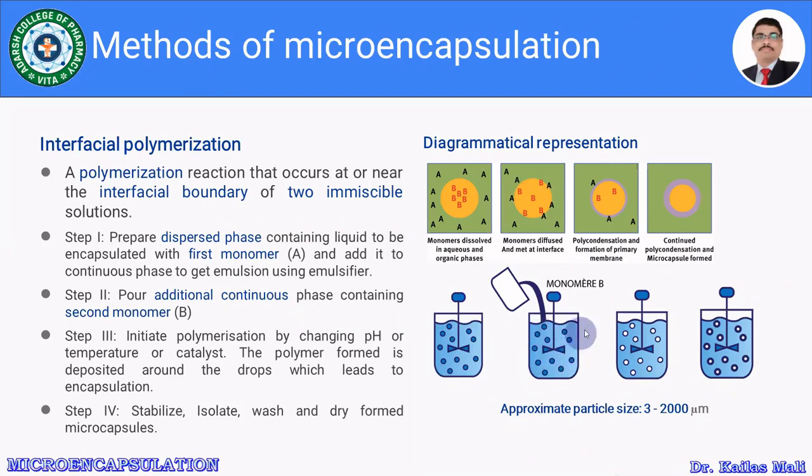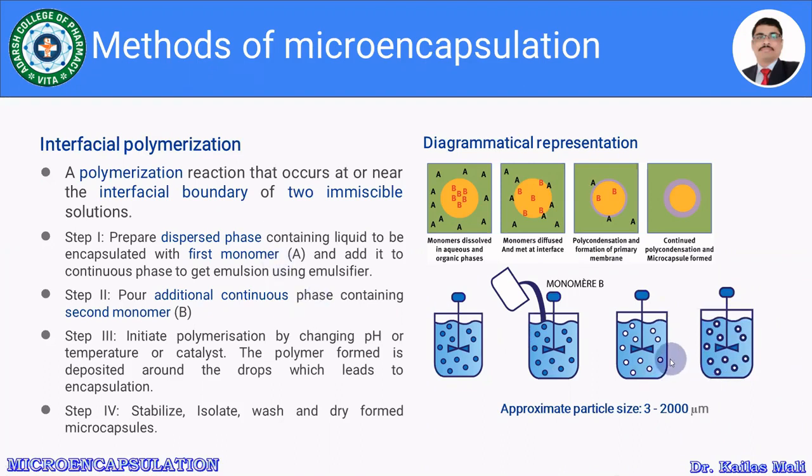Then in the third step, initiate the polycondensation by a pH or temperature change, or by adding a catalyst. The polymer formed gets deposited around these drops, which leads to encapsulation. And finally, stabilize the formed microcapsules, isolate them, wash them, and dry them. So this is about interfacial polymerization.